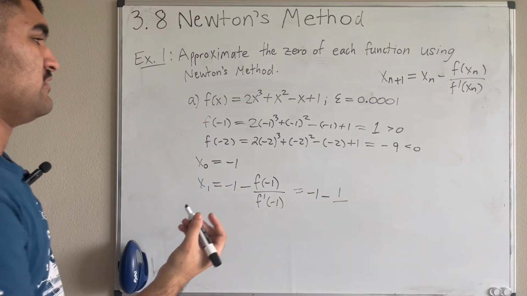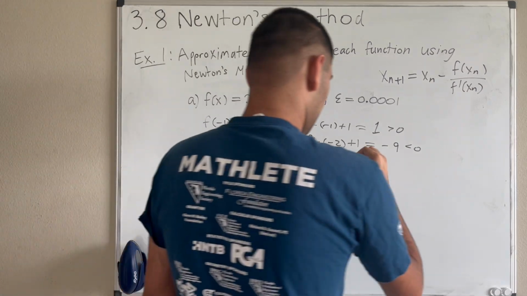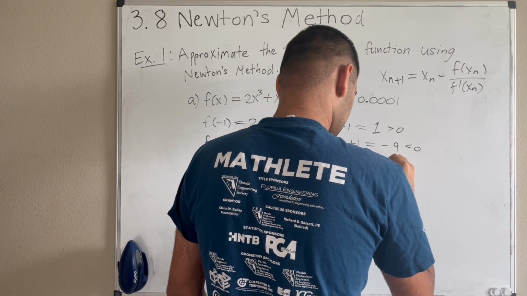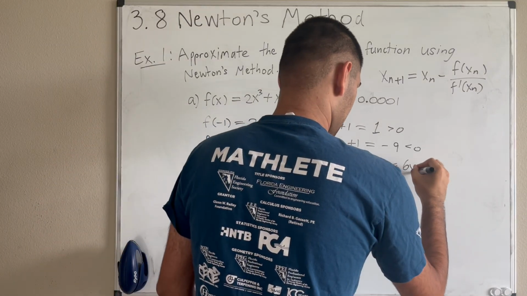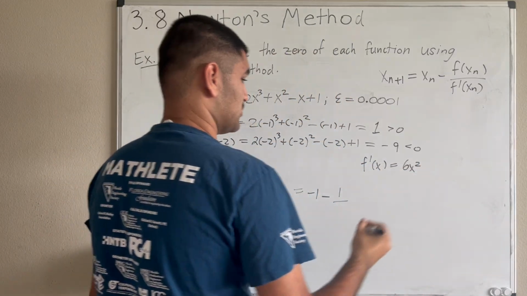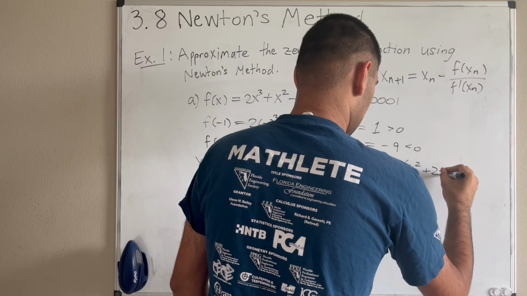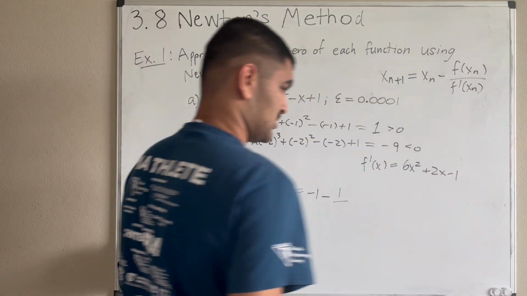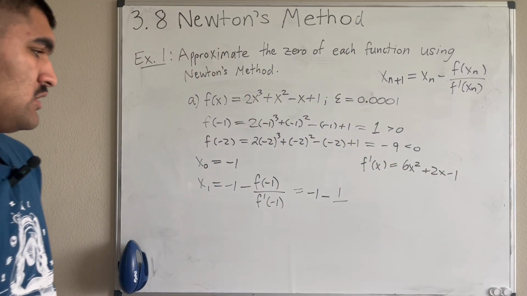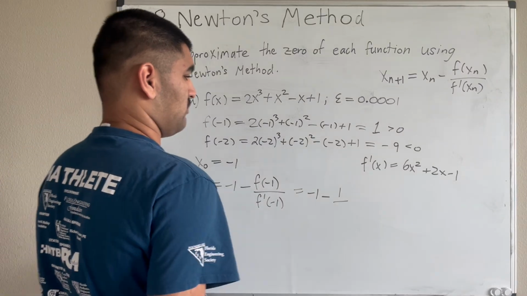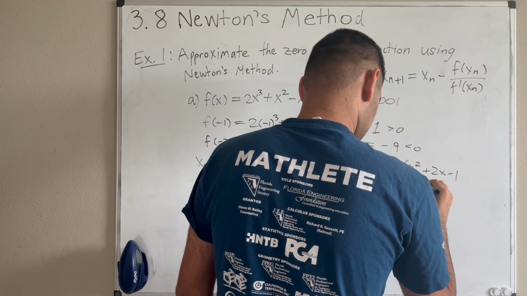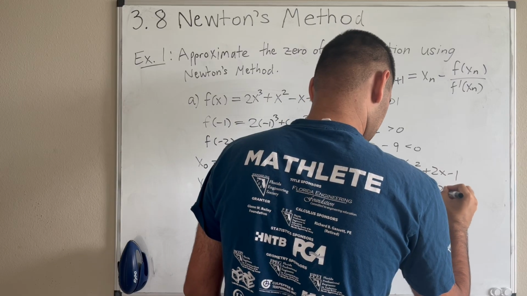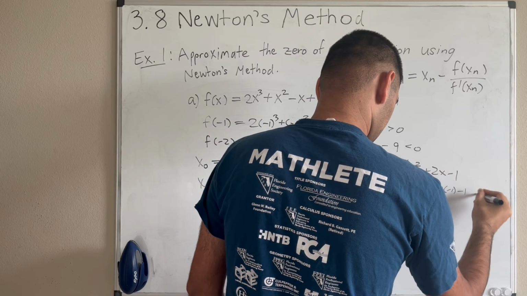So we need to find the derivative of f. Let's compute the derivative. We have f prime of x is equal to 6x squared plus 2x minus 1, just by the power rule. And so if we find f prime of -1, that is equal to 6 times -1 squared plus 2 times -1 minus 1.